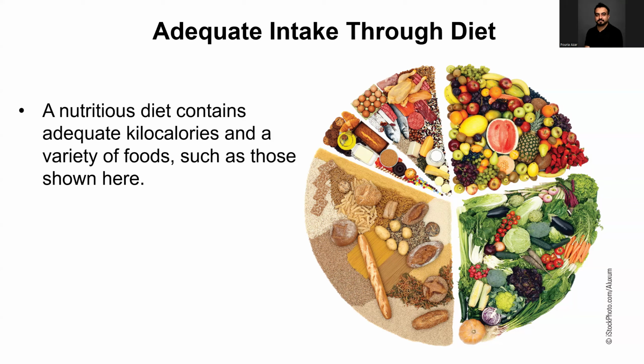If we have adequate intake of energy, adequate intake of protein, and a wide variety of food intake, we will not develop mineral deficiency, even if we are engaging in high intensity exercise. So this is all about this chapter.